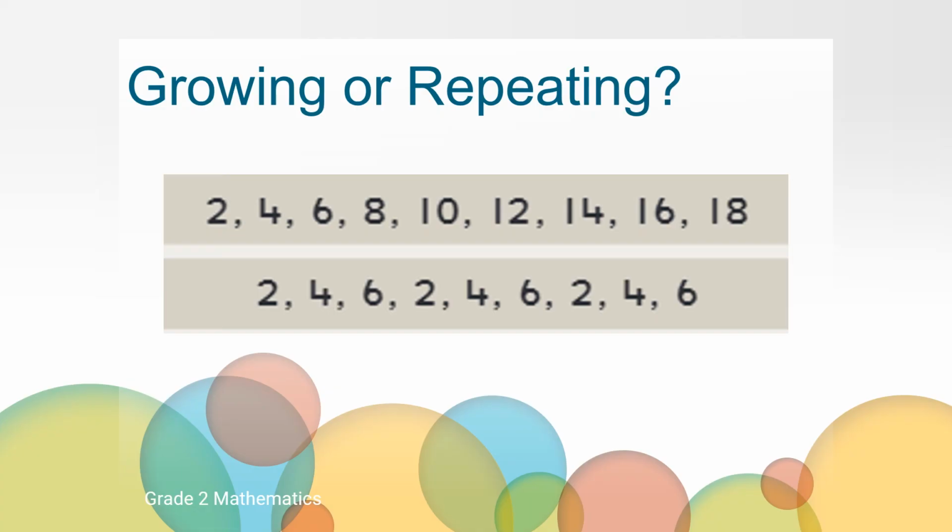The top pattern is a growing pattern because it's getting bigger each time. The bottom pattern is a repeating pattern because 2, 4, 6 is the core of the pattern and it repeats over and over again.